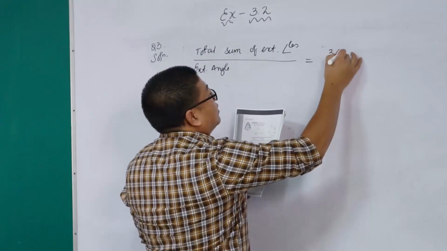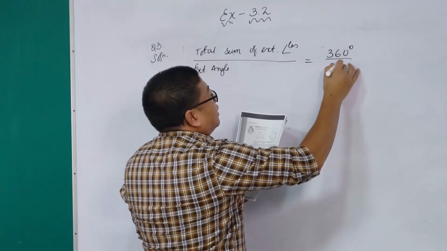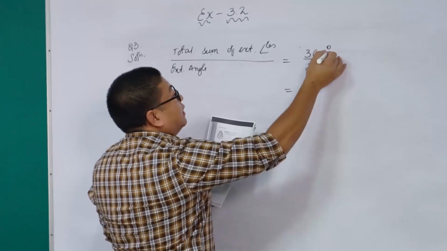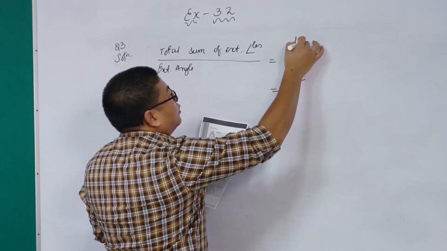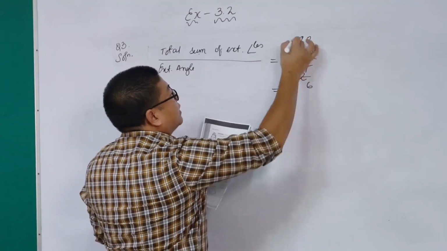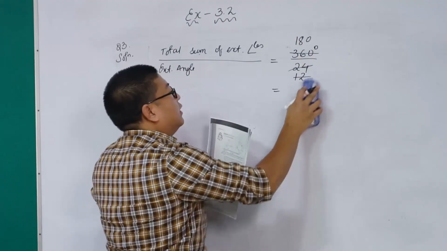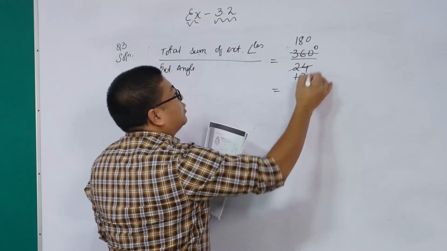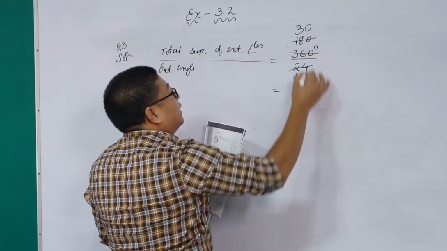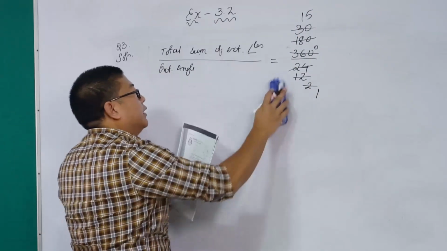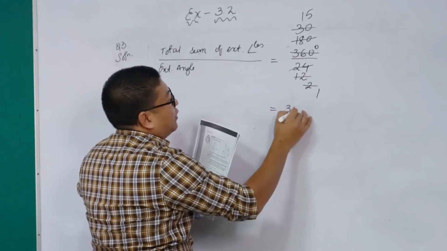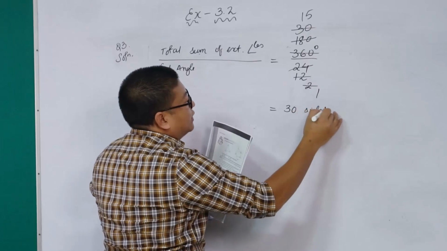So the total sum is 360 degrees, and it becomes 360 by 24. Dividing, 6 into 2 is 12, 6 into 3, 2 into 1 is 2, 2 into 15 is 30. So we have come to the conclusion that it has 30 sides.